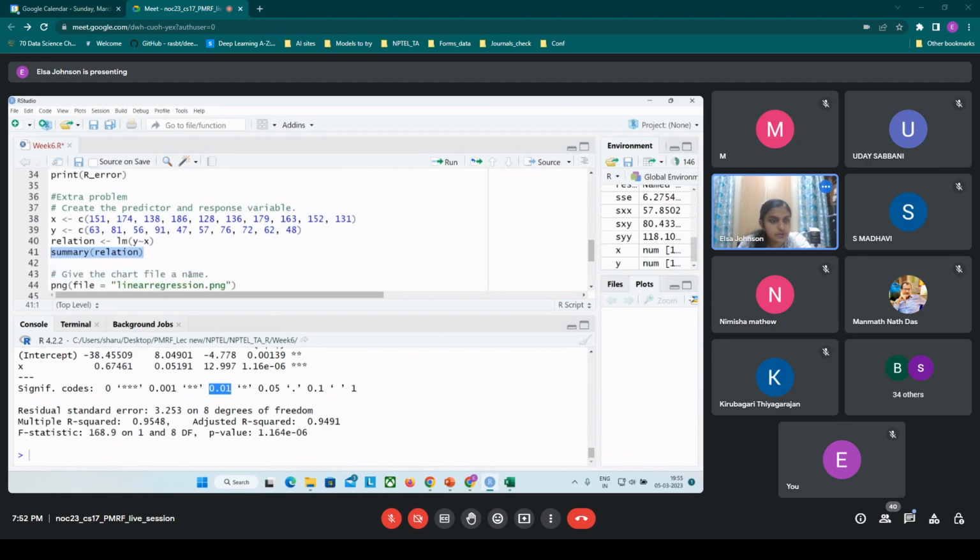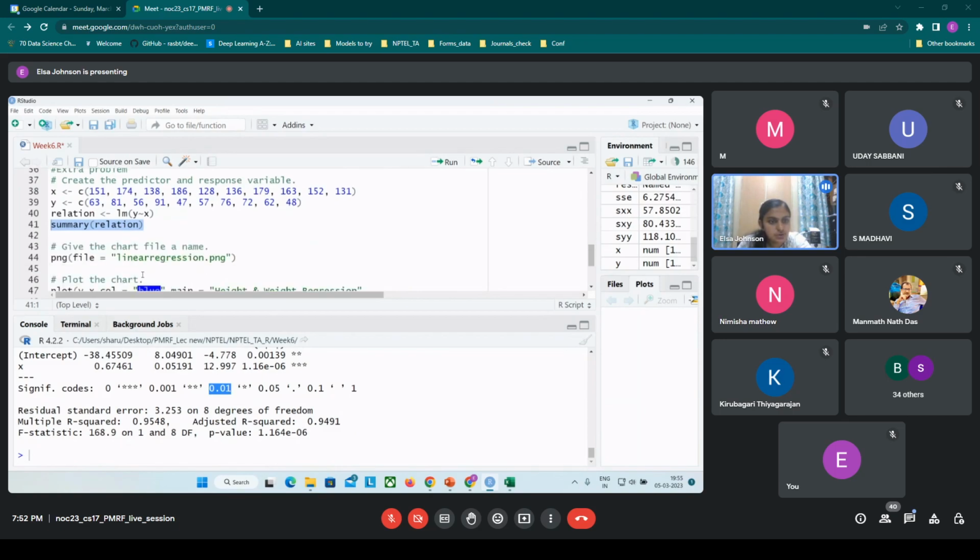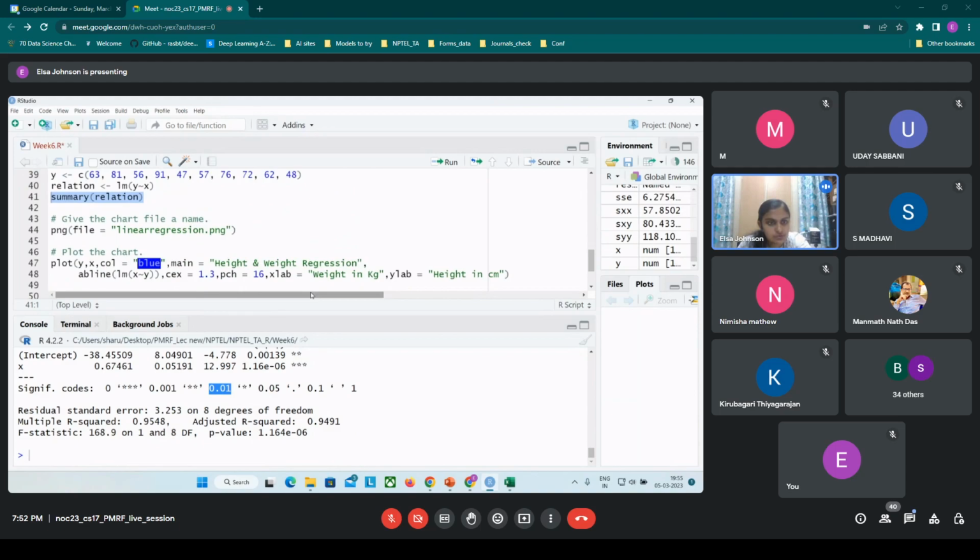Now, if you simply want to plot, you can just plot with this one, x value. Then labels also you had defined, right? X label, Y label, all these things. Then main will give you the title. X label is the xlab, Y label is the ylab.